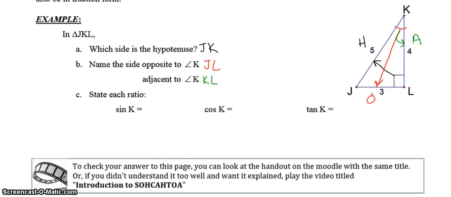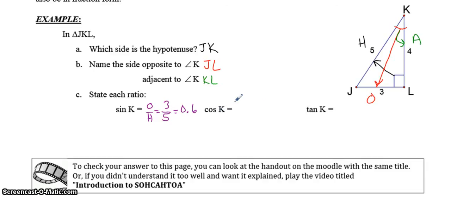So sine K is equal to the opposite side over the hypotenuse, which is 3/5, which is 0.6. So that means in this triangle, the opposite side is 60% as big as the hypotenuse.